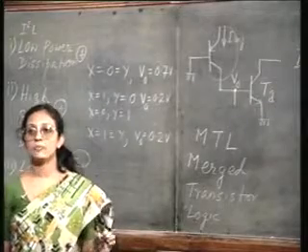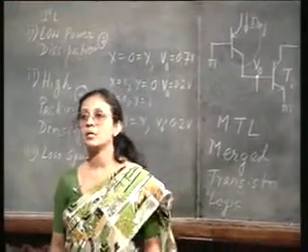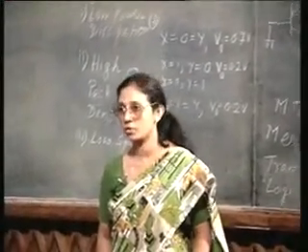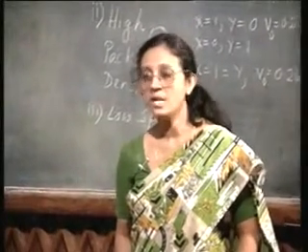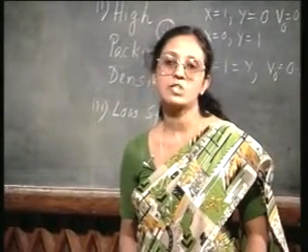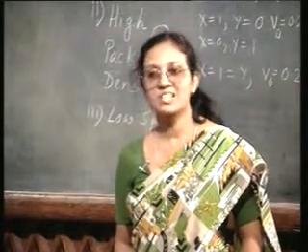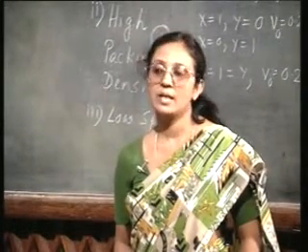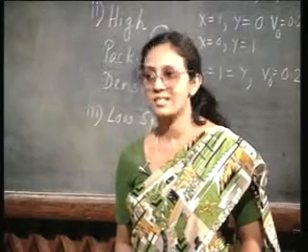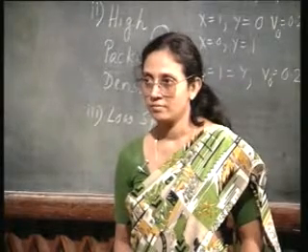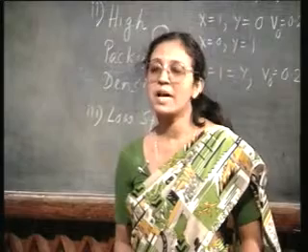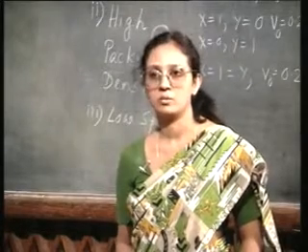Therefore, I do not have to isolate them, they can all share the same substrate. The substrate can be grounded and all the transistors can share that same substrate. So, strictly speaking, in I square L, an isolation is not necessary. You do not really have to have an isolation.